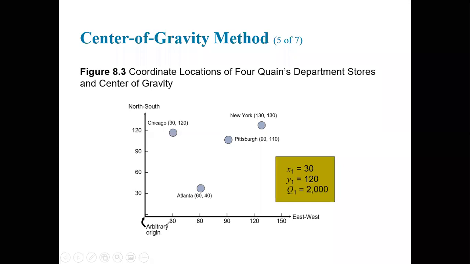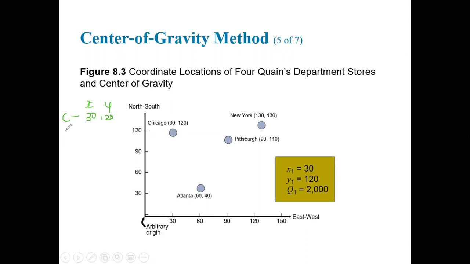Okay, let me bring out my pencil again. So Chicago is 30 miles due east of our origin. So let's start with Chicago and say that our x value for Chicago is 30. Our y value for Chicago is 120.